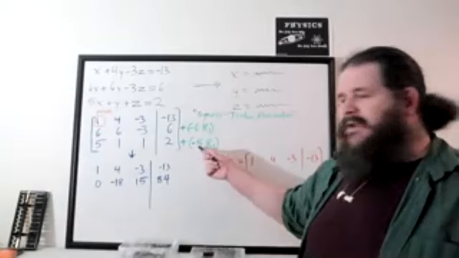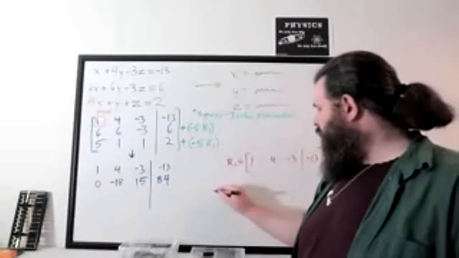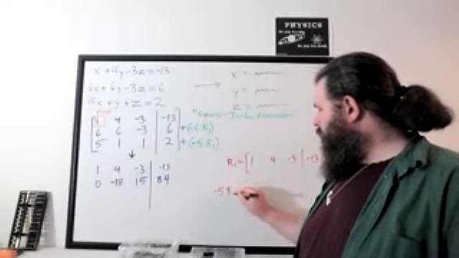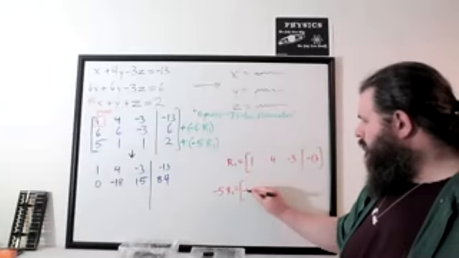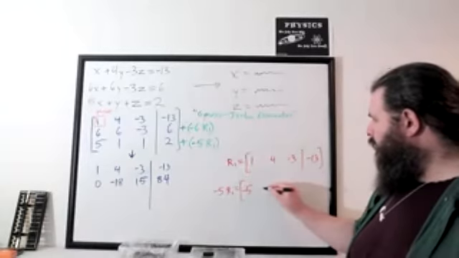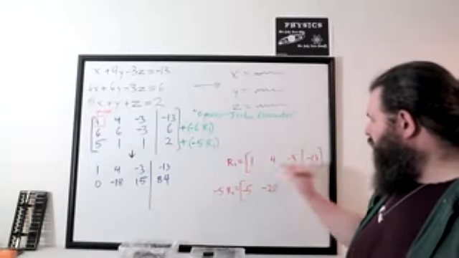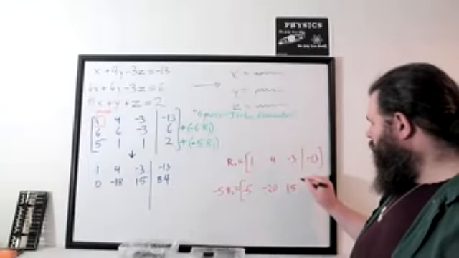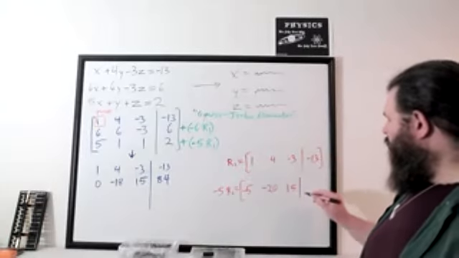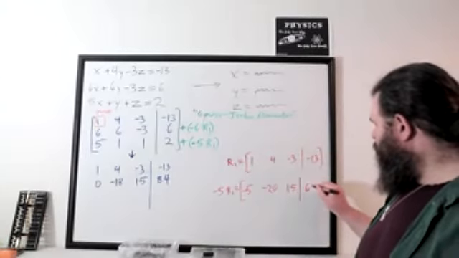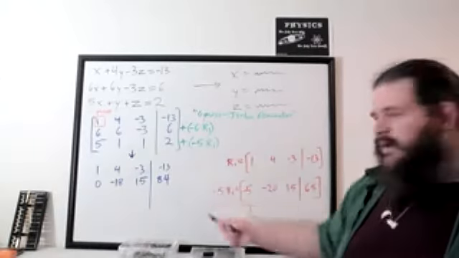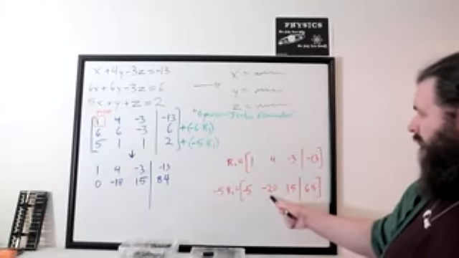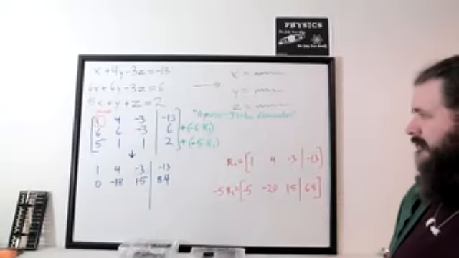And then write out a copy of -5 times row 1, just for reference. -5 times row 1 would be -5 times 1, -5 times 4, -5 times -3, -5 times -13. So -5 times row 1 is this row, -5, -20, 15, 65.